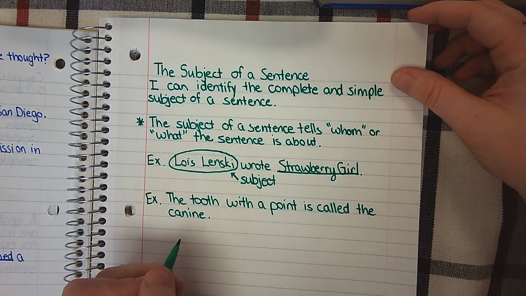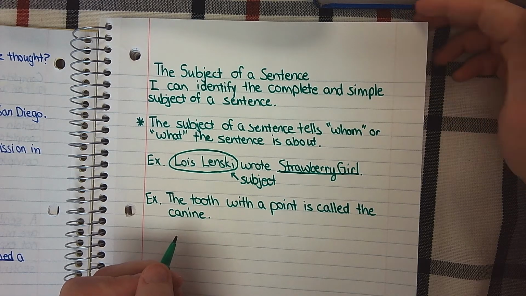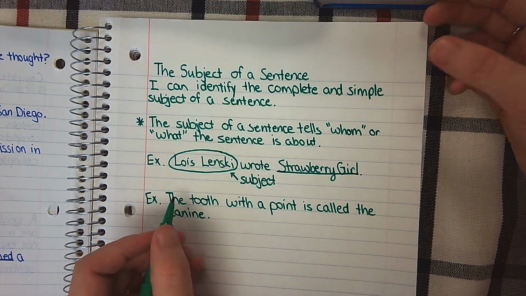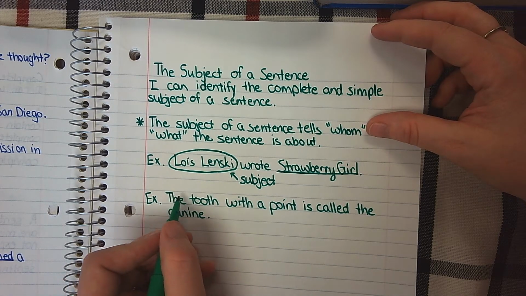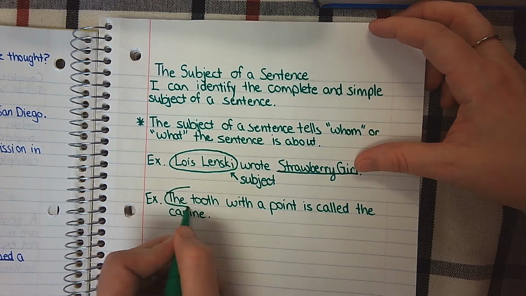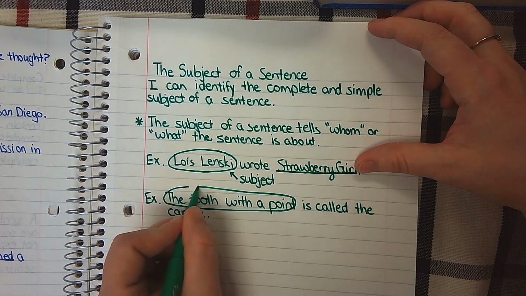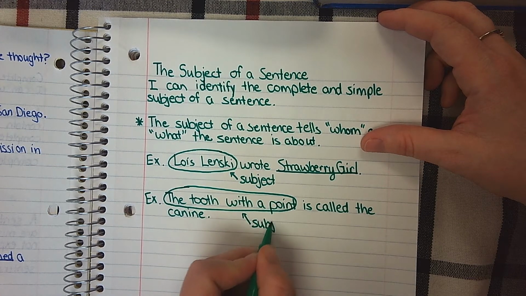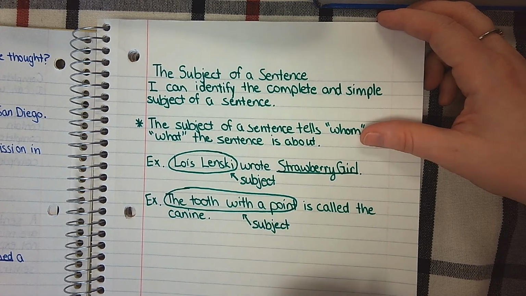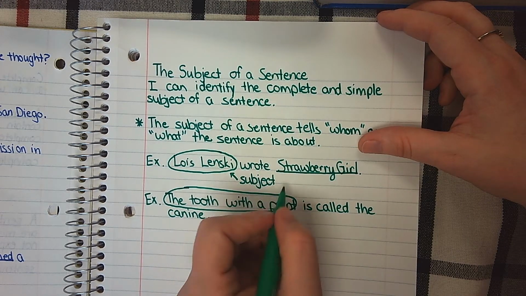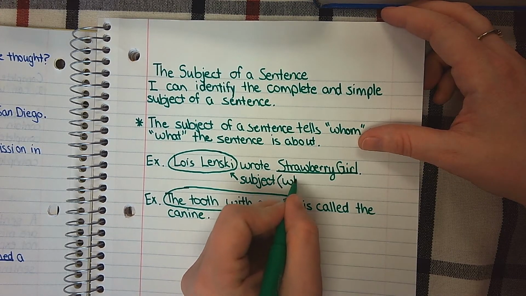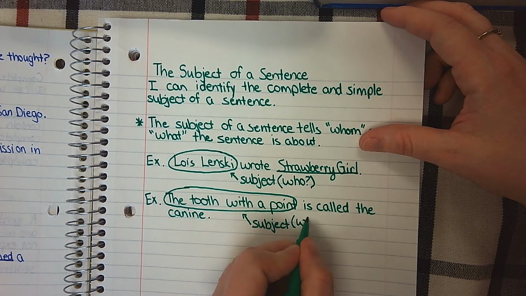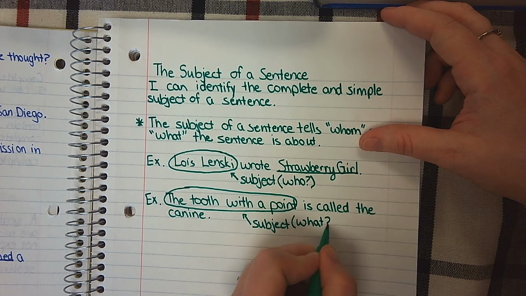So the tooth with a point is called the canine. We're asking who. It doesn't tell us anything about who. It tells us what. So what would be the tooth? And not just the tooth, but the tooth with a point. They're being specific about which tooth it is. So the tooth with a point, again, here is the subject. Now in our first example, this answered the question of who. And in our second example, this answered the question of what.